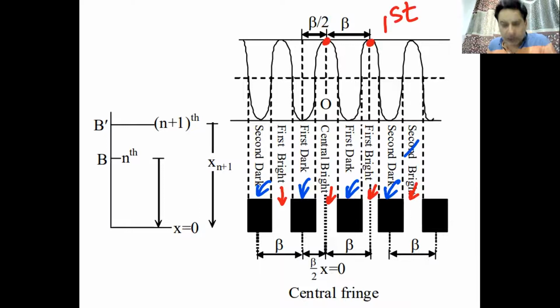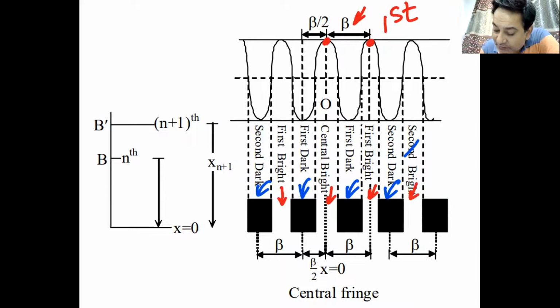Yes, sir. So the distance between any two bright fringes or any two dark fringes is known as your fringe width. Do we understand this? Yes, sir. Denoted by the letter beta. Distance between two bright or two dark fringes is known as beta, your fringe width.